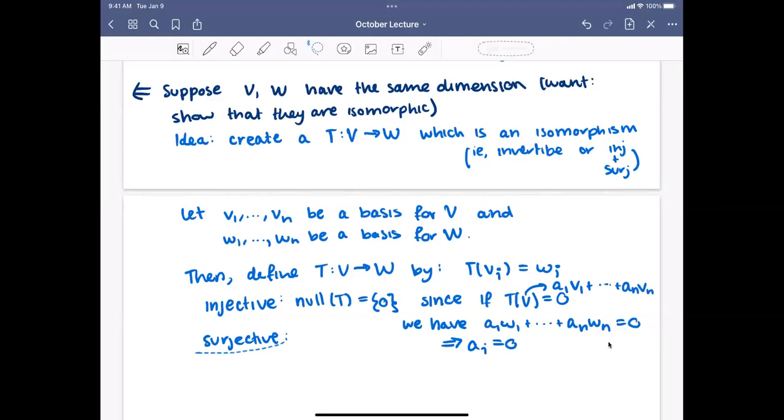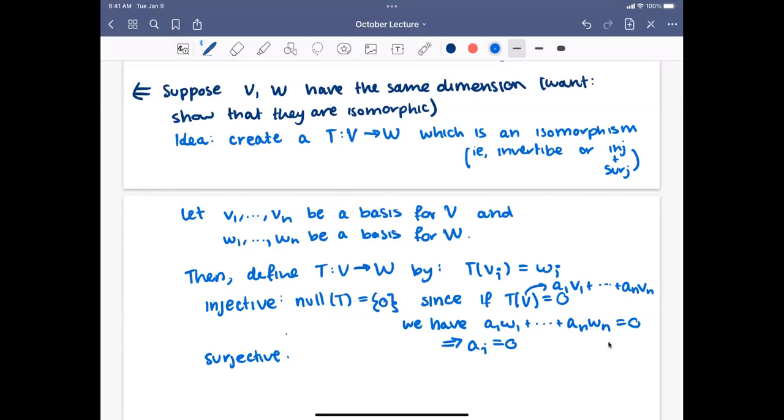Okay, so why is T surjective? We already proved that it's injective, so nullity is equal to 0.